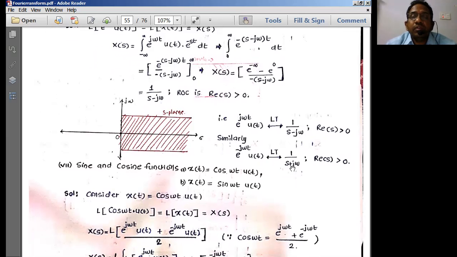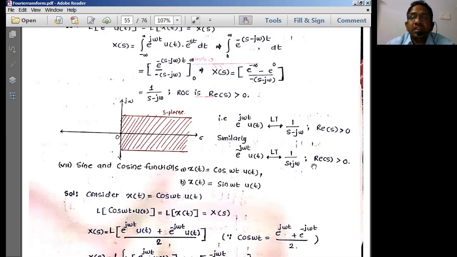Now let us come to the ROC: the real part of s should be greater than 0. So here also we get the ROC sigma greater than 0. That means the same ROC is applicable for these two different Laplace transforms. The Laplace transforms are different, but the ROCs of these two are the same.